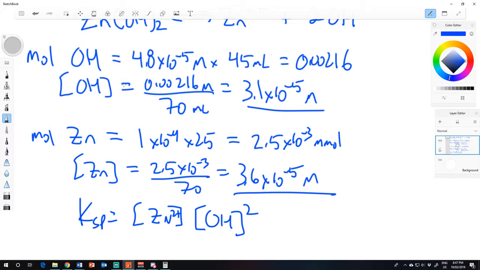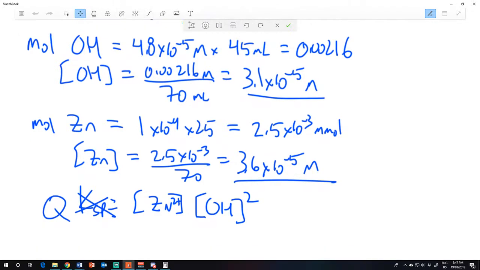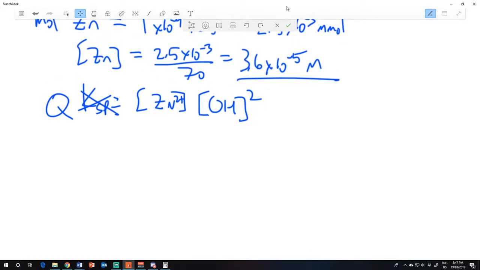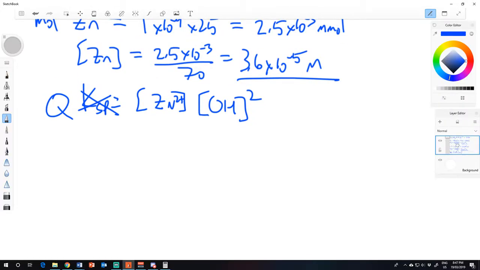And then that should give you, oh sorry, not KSP, Q, because we're checking the trial ion. And then compare that to the KSP. Okay, now what's 62? What's the difference about 62? In 62, the question is very similar.